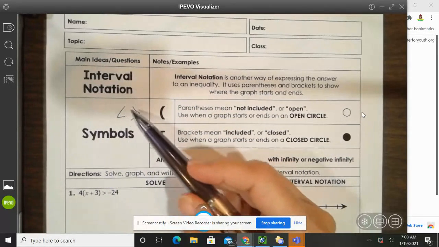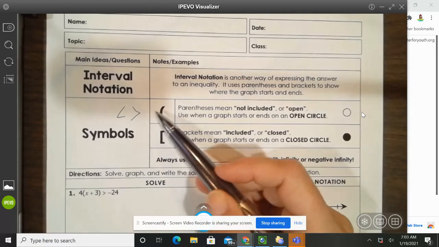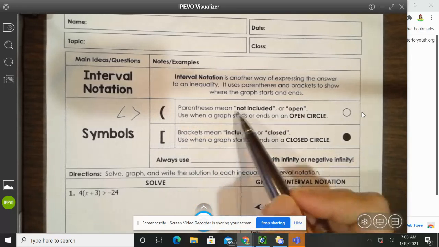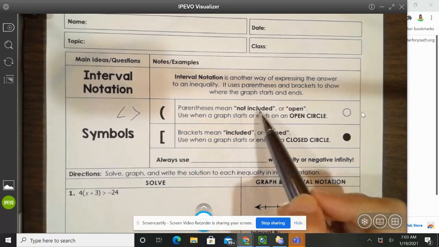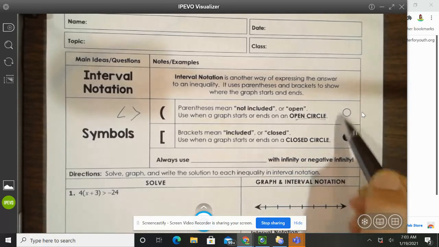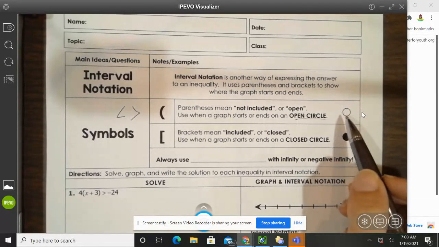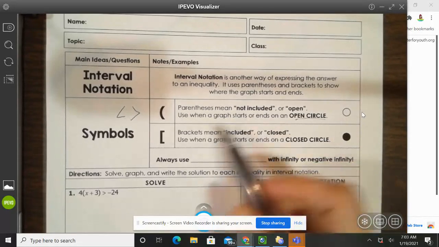It's not equal to; it's greater than that number, or less than that number. So that number is not necessarily included. We also use an open circle in the graph. When we have the number line, we use an open circle because that number is not included.